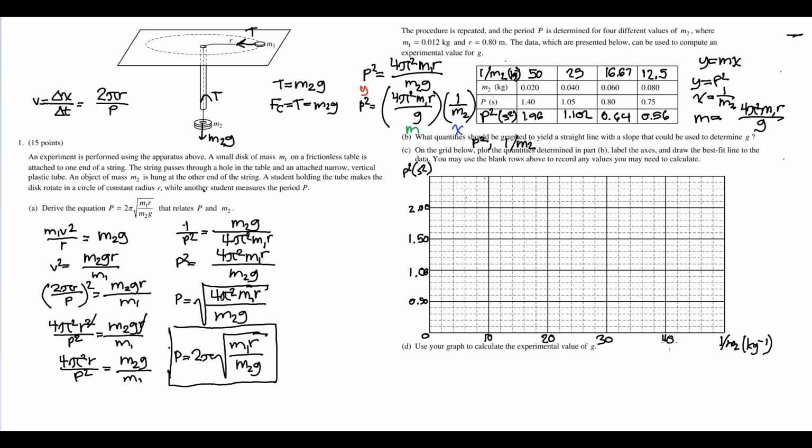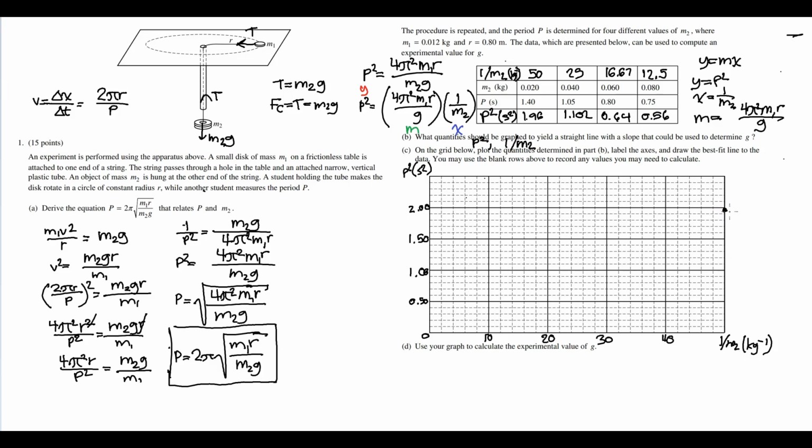So for the first point, it's 50 and 1.96. 50, then 60, 70, 80, 90. So it should be around here. All right.